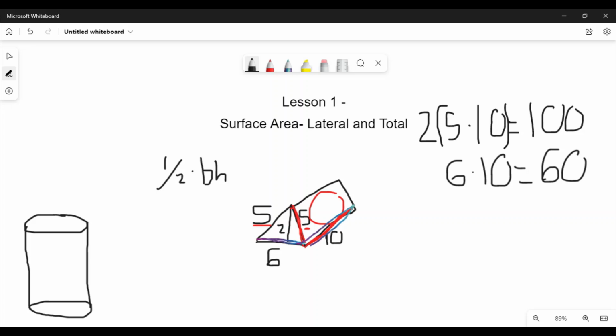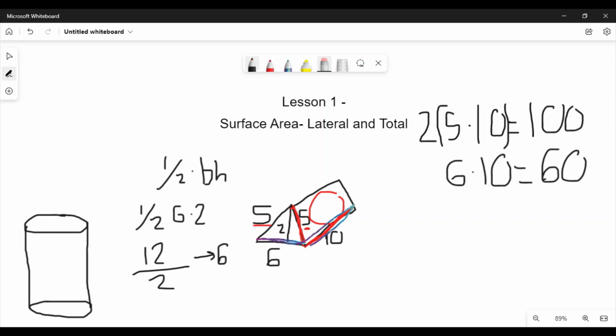So for example, it's the base, which would be 6, times the height, which would be 2. So it's 6 times 2, which is 12, times 1/2, which is just 6 times 2 divided by 2. So that's 12 divided by 2, and that's 6.